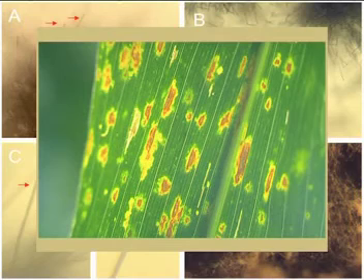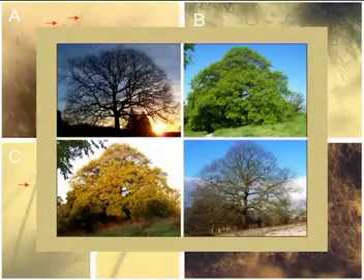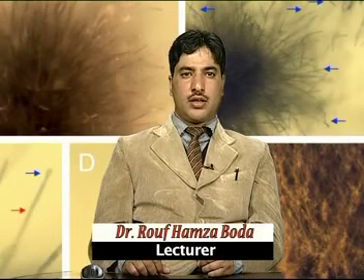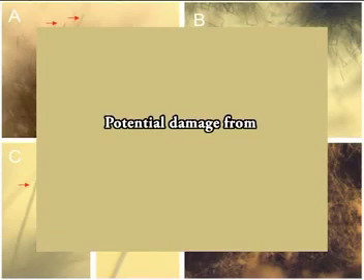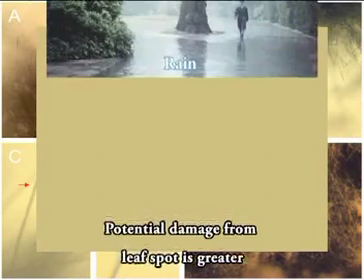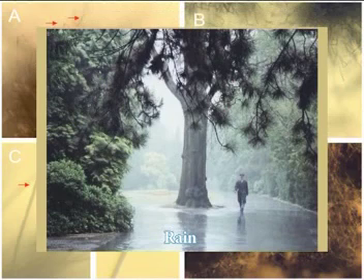The first appearance of leaf spot and its continuous progress throughout the growing season are heavily dependent upon the weather conditions. Environmental conditions required for both types of leaf spots are warm temperature and long periods of high humidity or leaf wetness. Potential damage from leaf spot is greater where levels of humidity and rainfall are high.